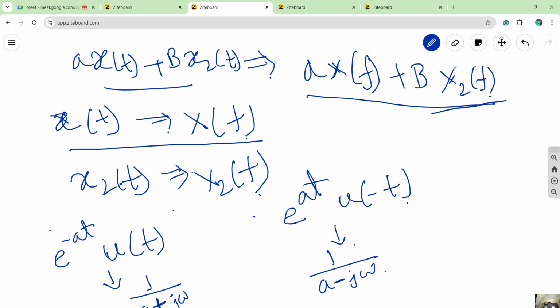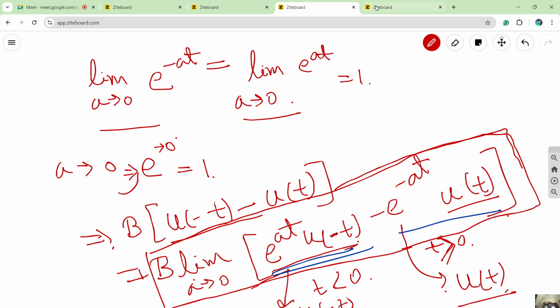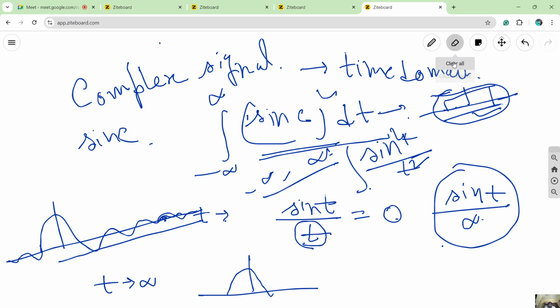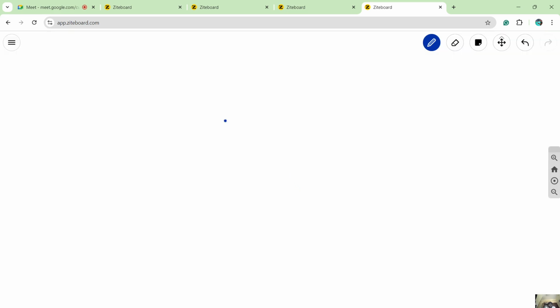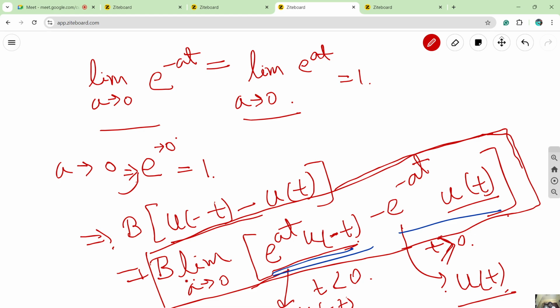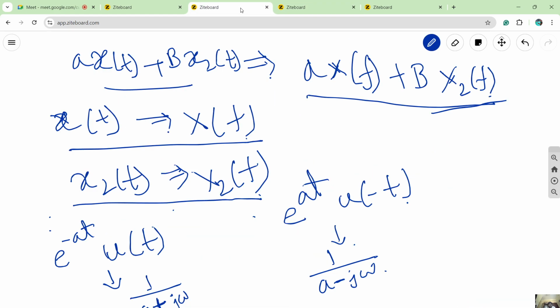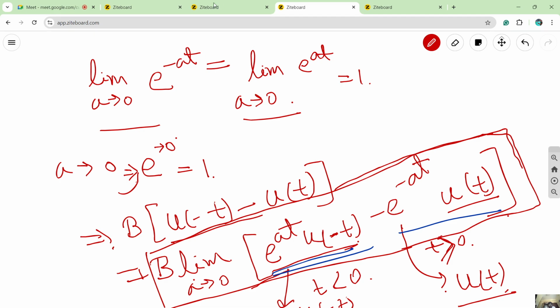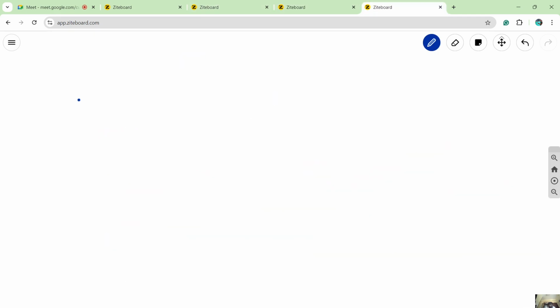It is x(t) and X(f), you have to just put it. So basically what we are trying to focus on is this. So it actually becomes limit a tends to 0.